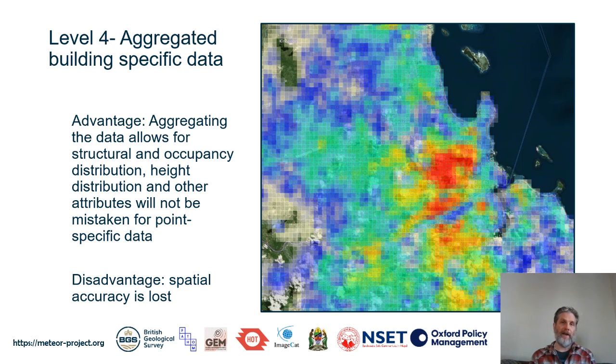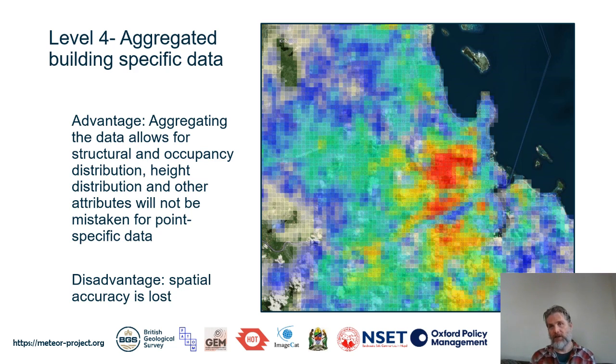So by aggregating that data up from the detailed level to an aggregated level, you're able to overlay, if you will, assumptions about modifiers or the distribution of attributes that aren't collected at the building specific level that you can then use for a loss estimation project.